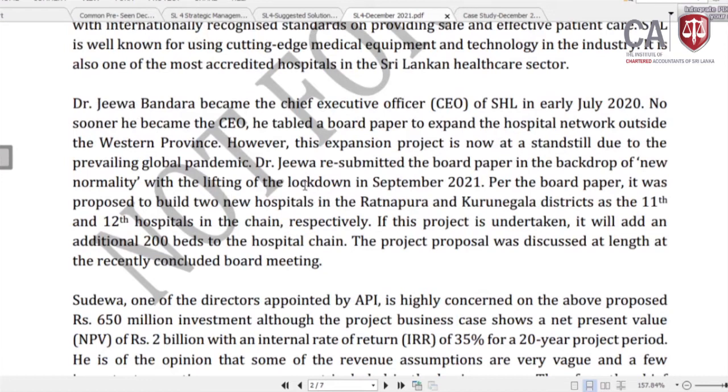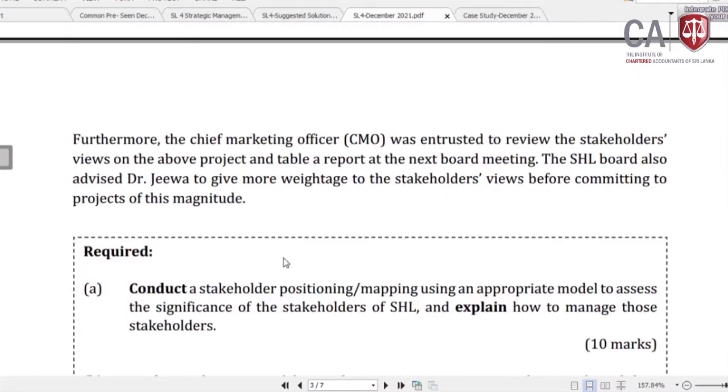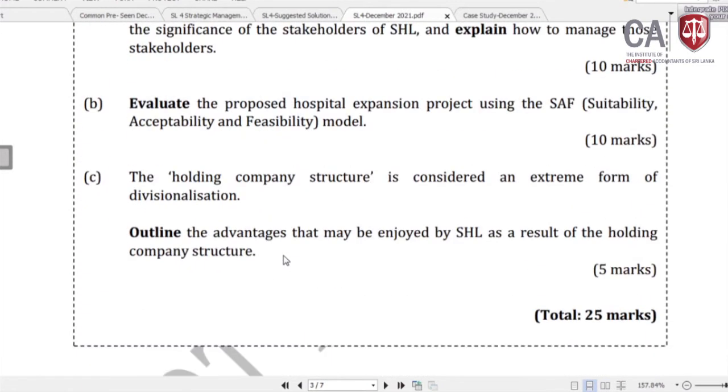One in Ratnapura, the other one in Kurunegala, right. Now, he is asking us to evaluate that particular proposal using the SAFE model. The suitability, acceptability and feasibility model, right.